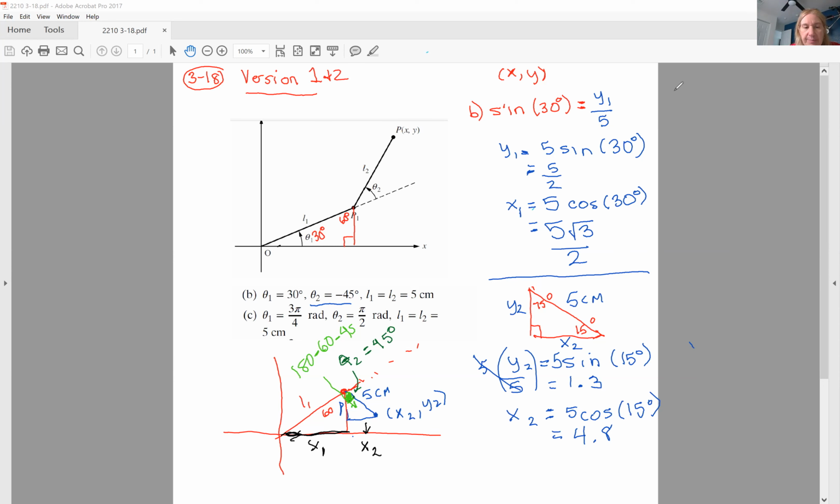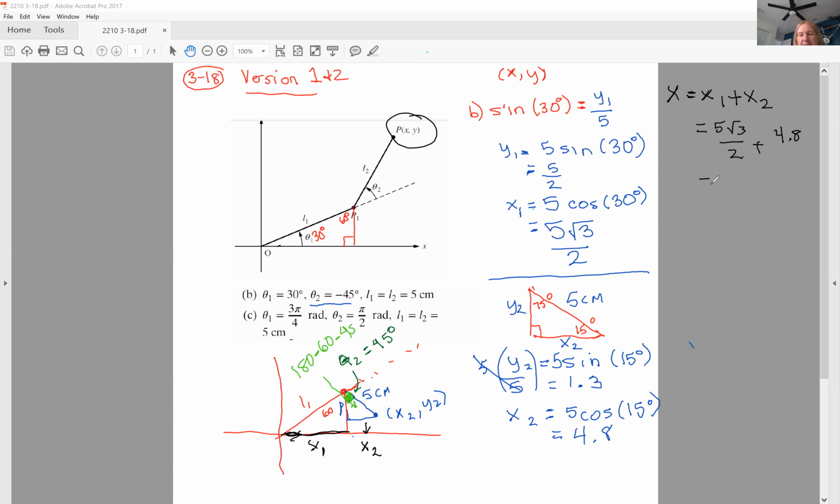So X from P of XY is going to equal X1 plus X2, which is going to equal X1 is 5 times the square root of 3 over 2 plus X2, which is 4.8.